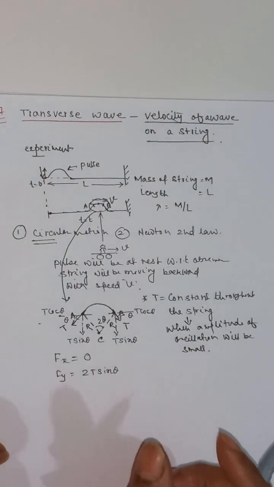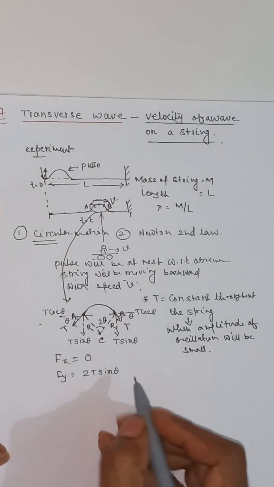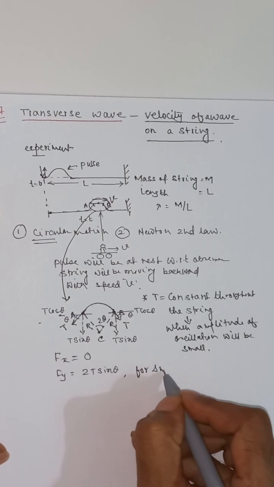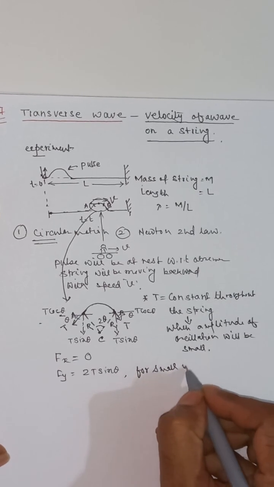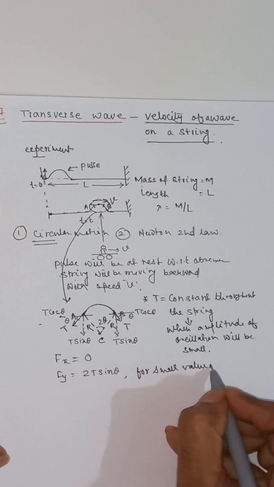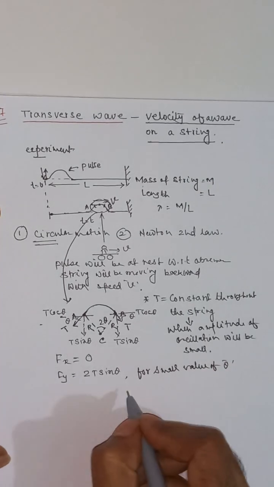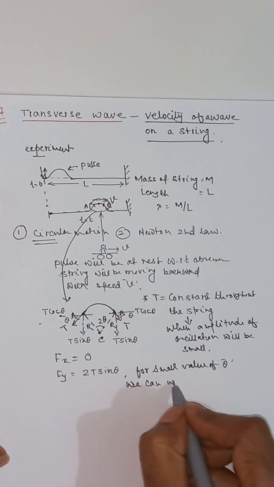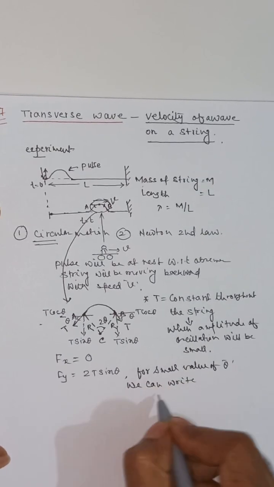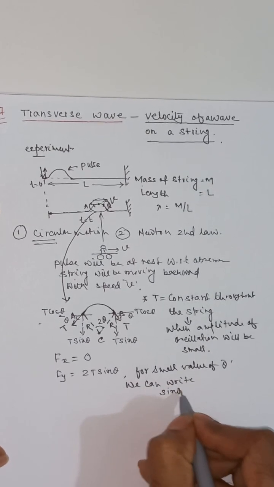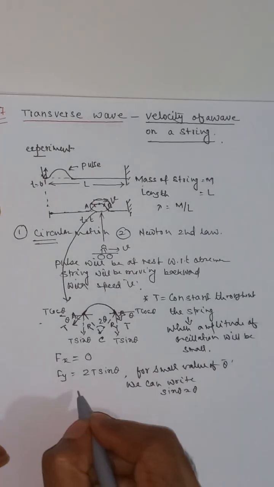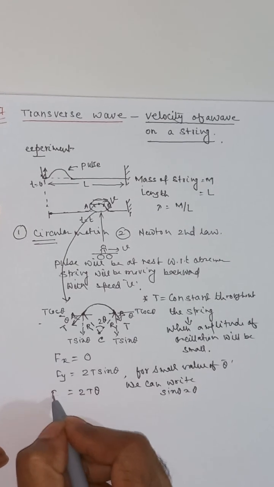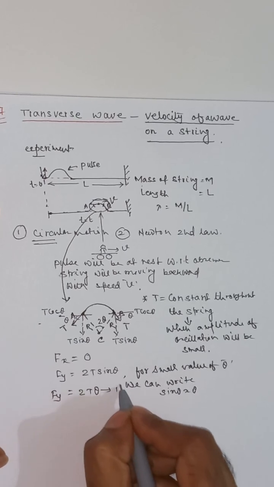As we have taken the element to be very small, theta will be very small. So for small values of theta, we can write sin theta is equal to theta. So this will be 2T theta. This is Fy, equation number 1.